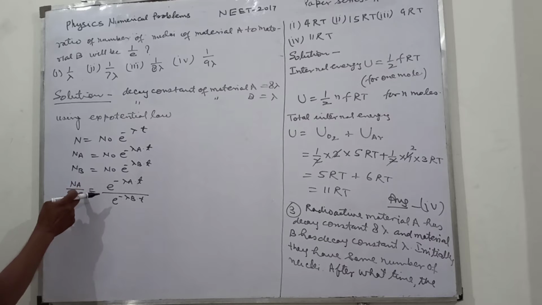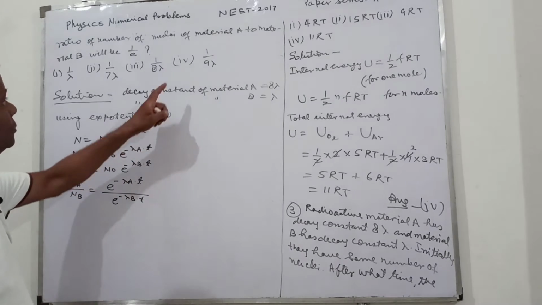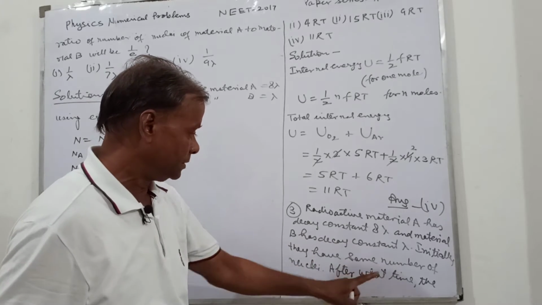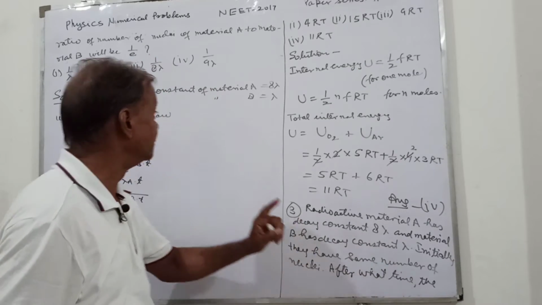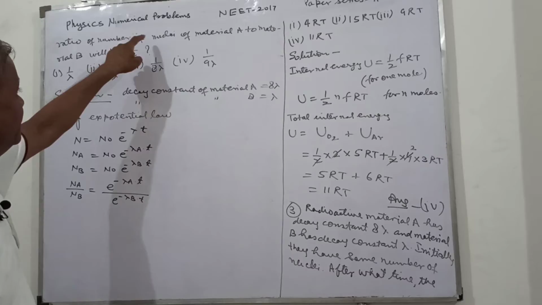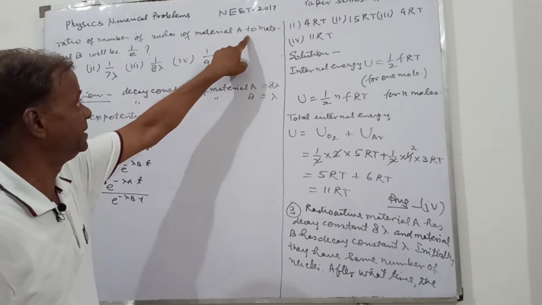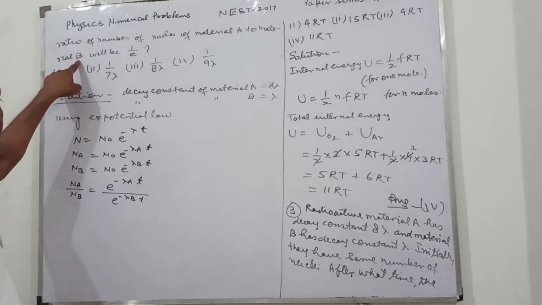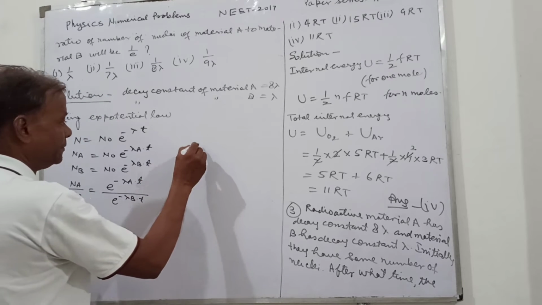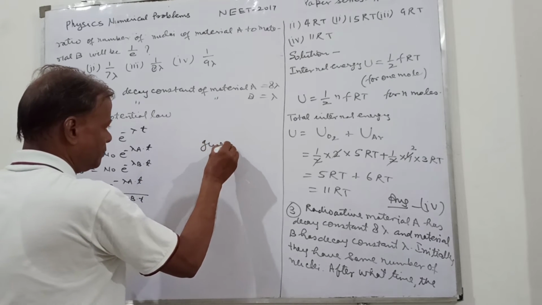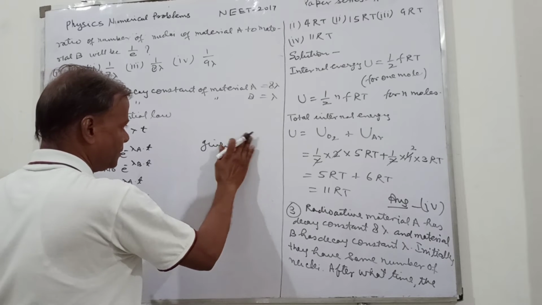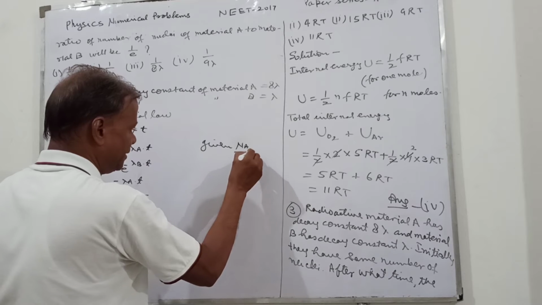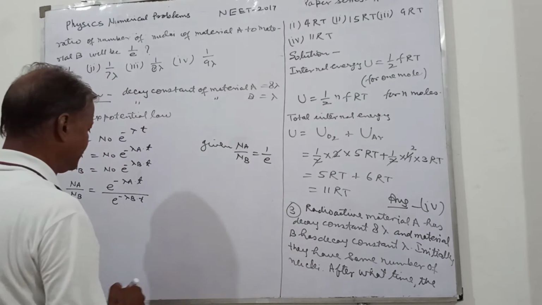N_A upon N_B is given as 1 by e. Here they are saying, after what time is the ratio of the number of nuclei of material A to material B, N_A upon N_B, equal to 1 by e.